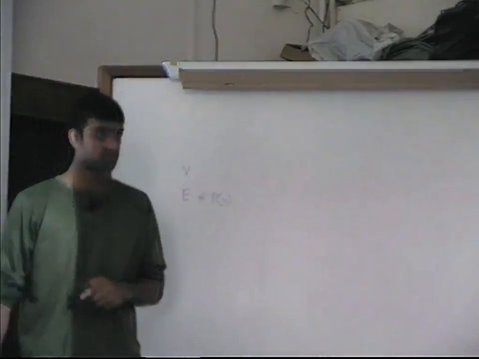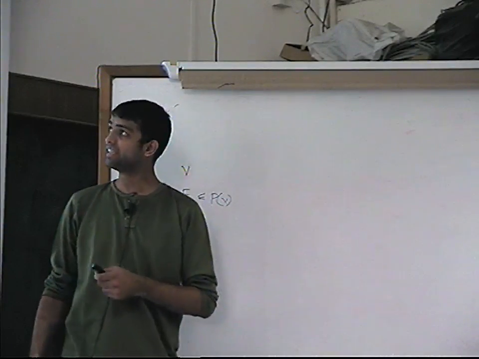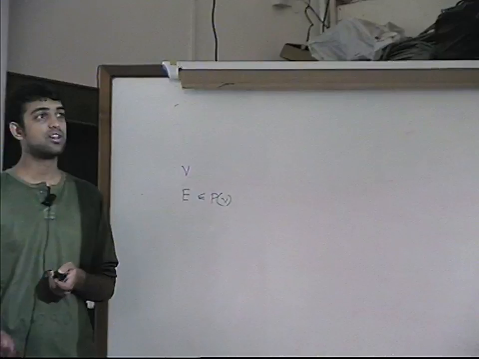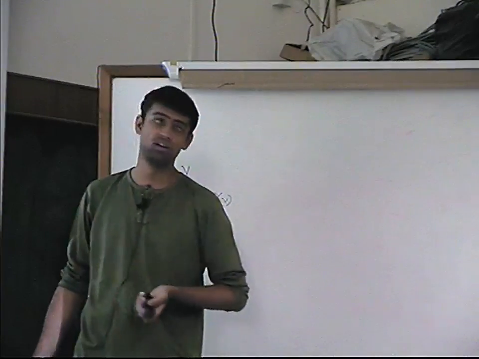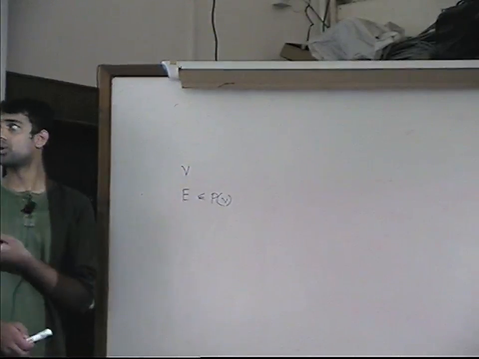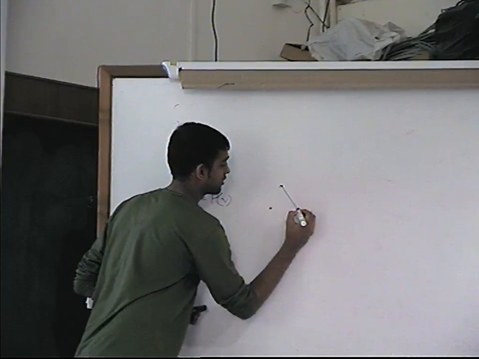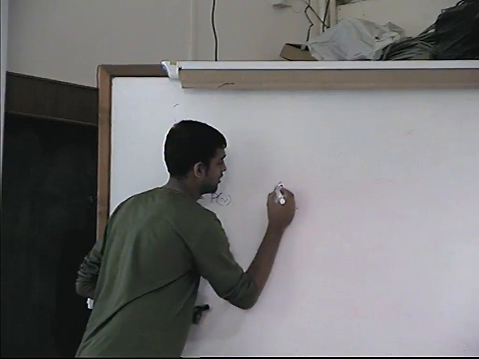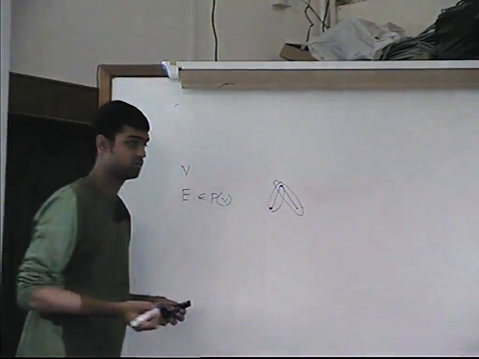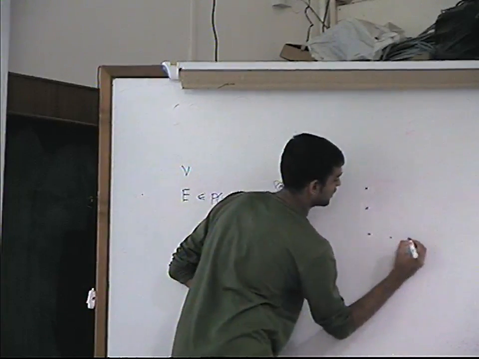So another concept associated with this is an R uniform hypergraph, where each edge in the hypergraph has a fixed cardinality R. So the graphs which you have seen before are 2 uniform hypergraphs, right? Every subset has size 2. A 3 uniform hypergraph can look like this, for example.